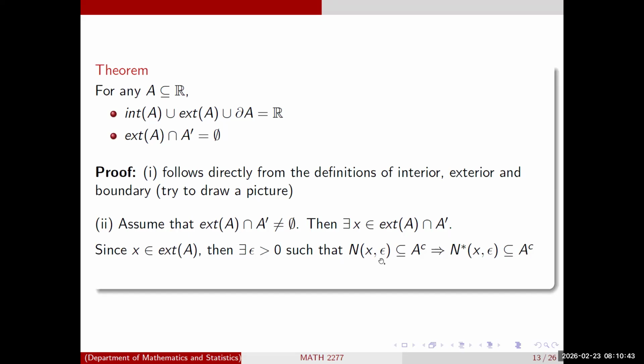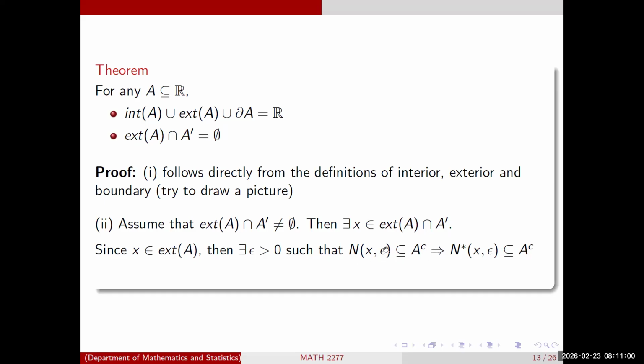And notice that if the neighborhood is entirely within A complement, and I remove a point of this neighborhood, then that new set is also in A complement.